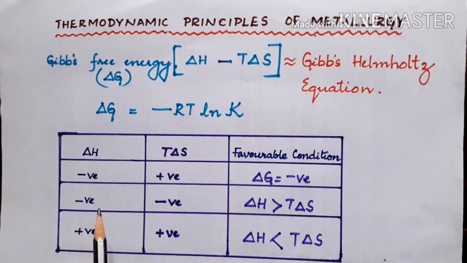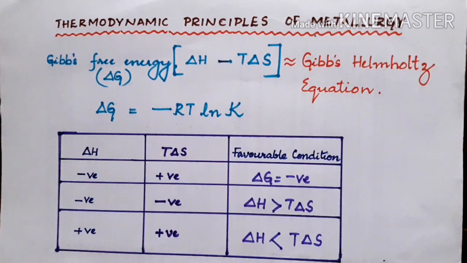Whenever a chemical reaction is spontaneous, delta G should be negative, and this is found out with the help of what is called Ellingham's diagram. It is a plot between Gibbs free energy change against temperature.